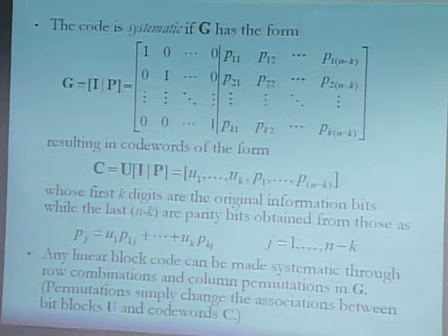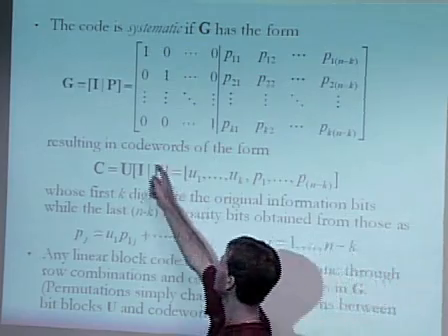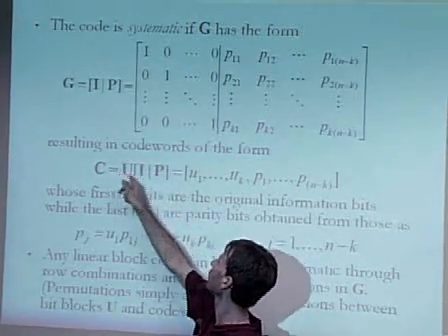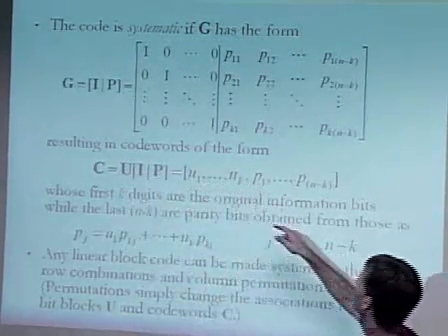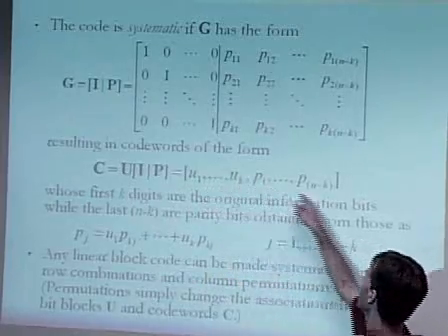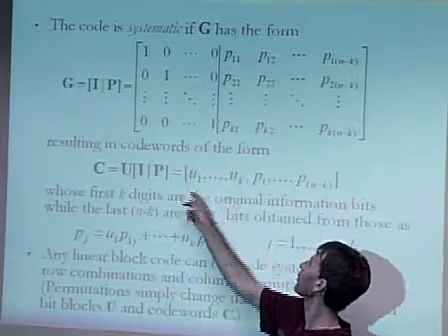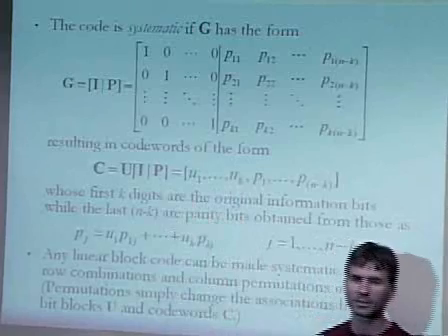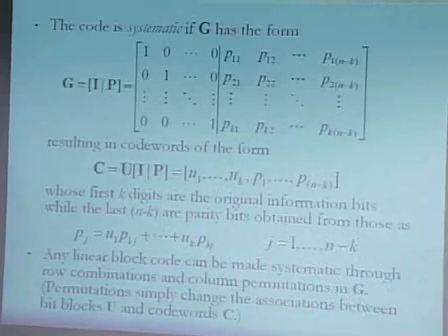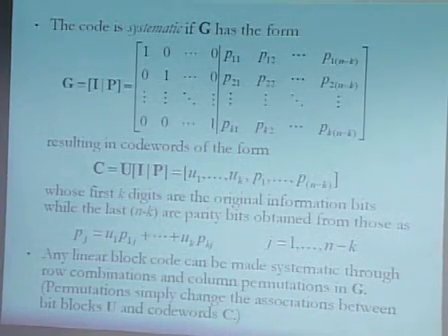What that means is that if we multiply G, with this structure, by a vector of bits U, we get that the first K coded bits of the code word correspond to the information bits themselves, because the identity doesn't alter anything, it just carries them through.